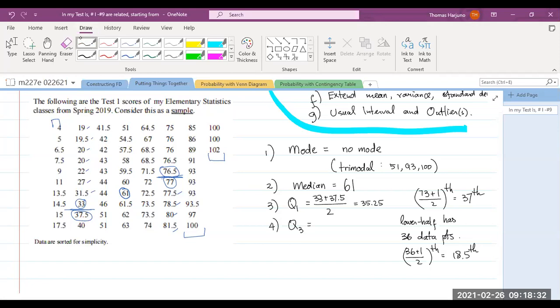So the third quartile will be (76.5 plus 77) divided by 2. That's 76.75.